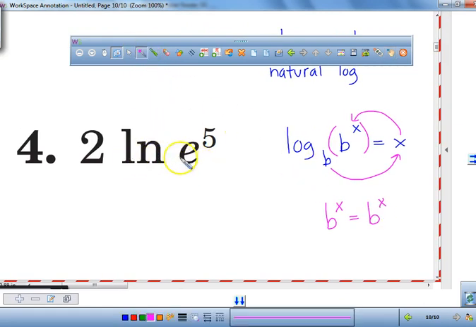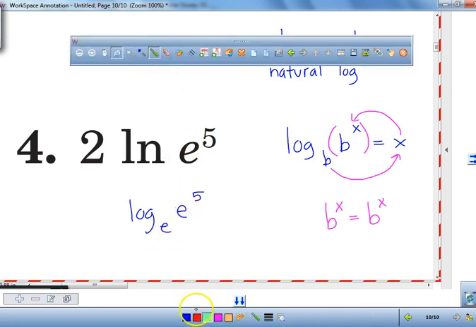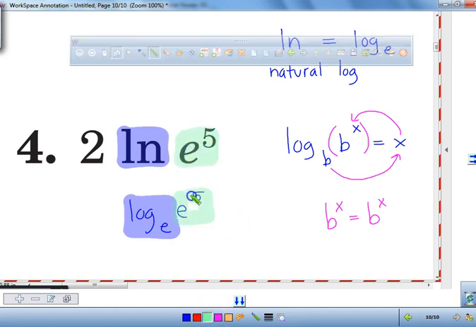If I were to rewrite this as log base e, what do I have? I have e to the power of 5. Are these the exact same base? Yes. What I want you guys to know is that when I say the natural log, that's the same as saying log base e. This e to the 5th is just e to the 5th.